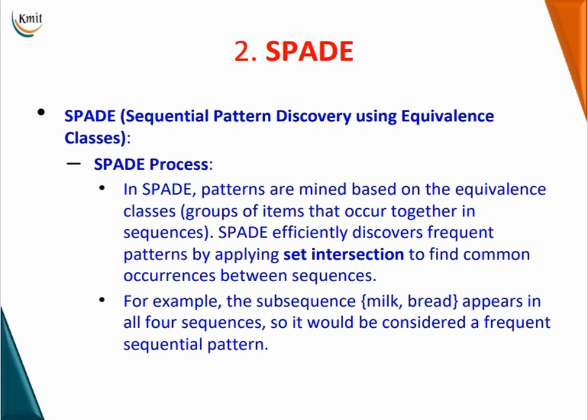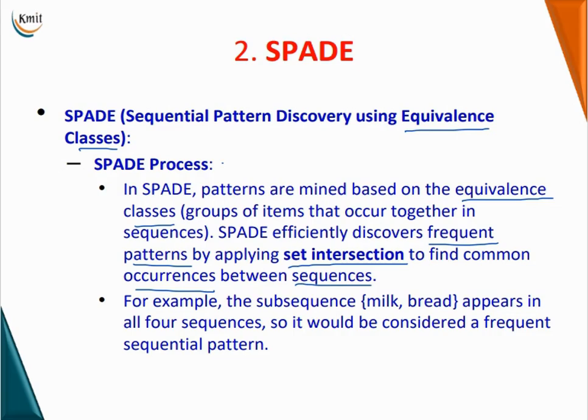Next one is SPADE. SPADE is Sequential Pattern Discovery using Equivalence classes. The process in SPADE: patterns are mined based on equivalence classes, that is, groups of items that occur together in sequence. SPADE efficiently discovers frequent patterns by applying set intersection to find common occurrences between the sequences.